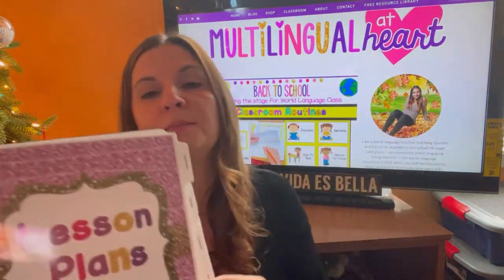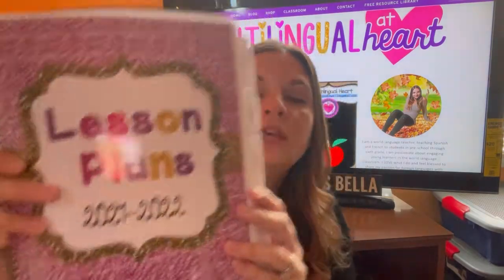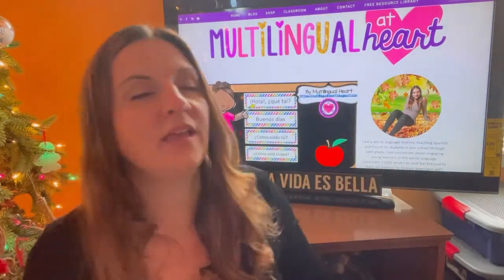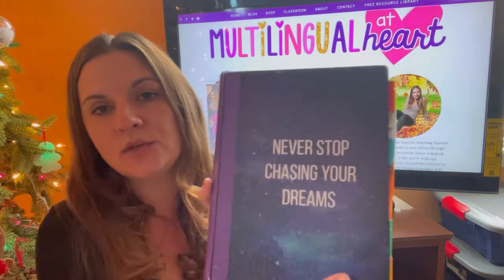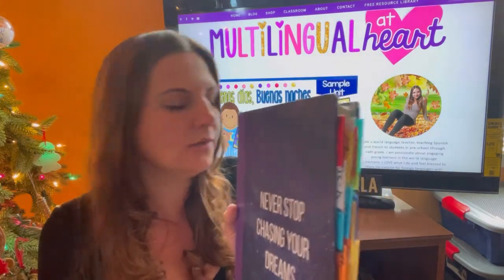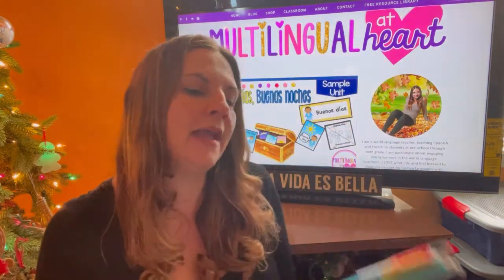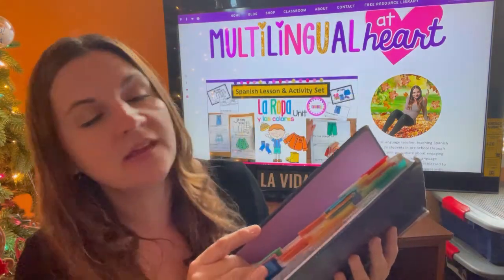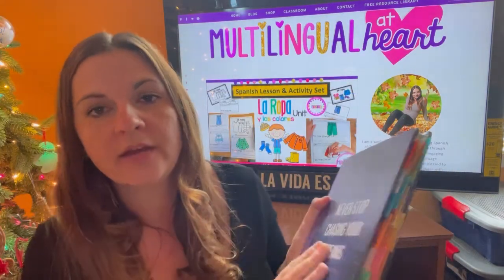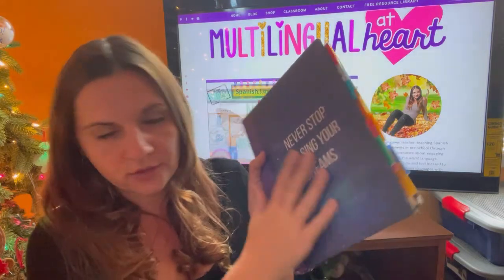So that's why I do it in pencil, and that's why I do it on here. And this is just sort of like the set curriculum that I use for the entire year. And again, it's in pencil, so there are things that I will erase and change, but for the most part, this is it.